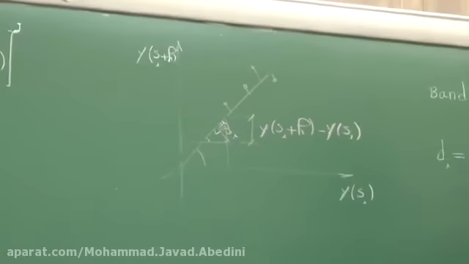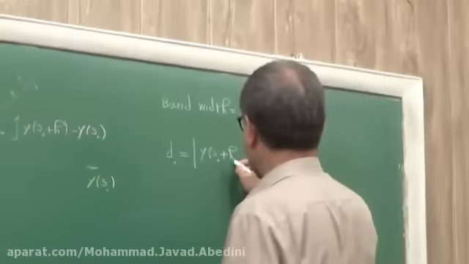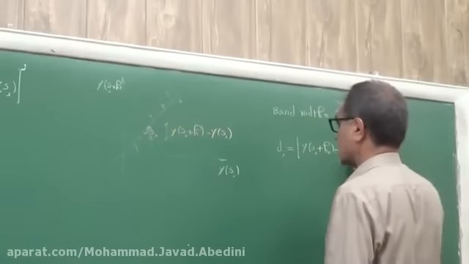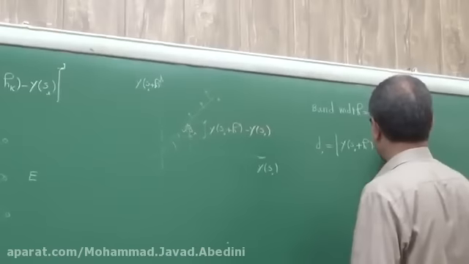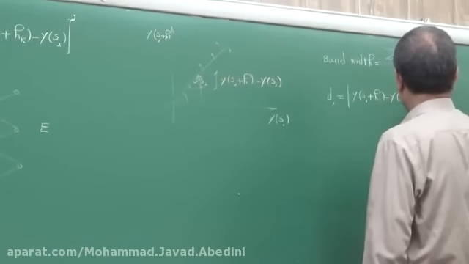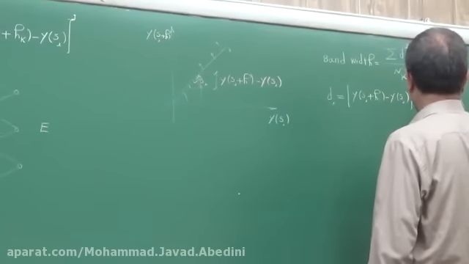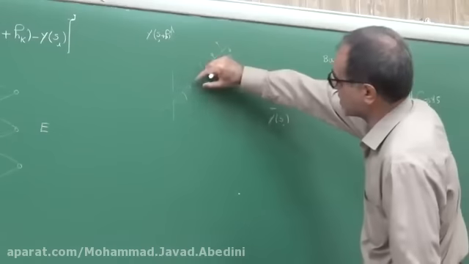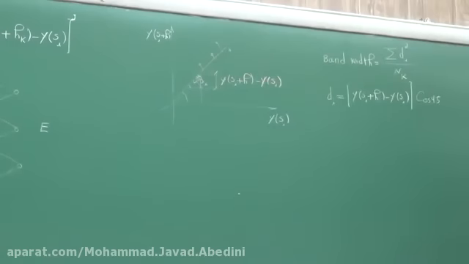y at si plus h minus, or h, it really doesn't matter, minus y at si. You have to multiply this by cosine of 45 to get this distance di. And then raise this to the power of 2, plug it here. Cosine of 45 is square root of 2 divided by 2 times y at si plus h minus y at si.